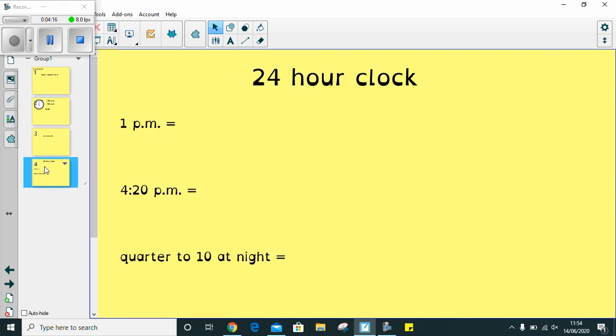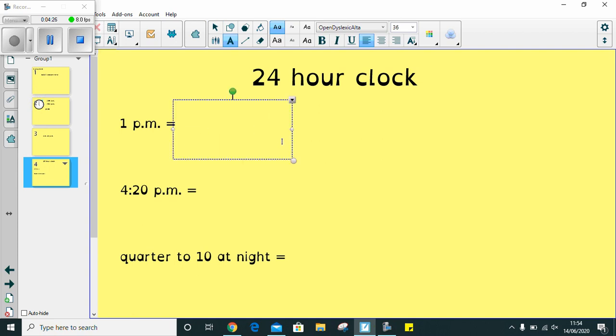Right, we're going to do some conversions now. I'm going to turn 1 PM into a 24-hour clock. So 1 PM would become, I know that I need to add 12 on to my hours, so I would have 13. And I don't need to put PM or AM, because when I'm working with a 24-hour clock, I don't need to.